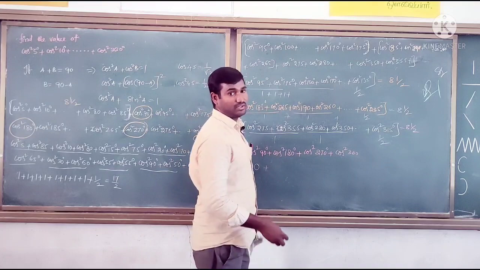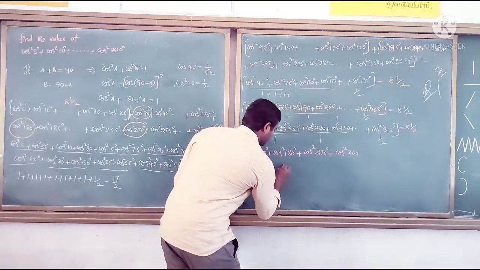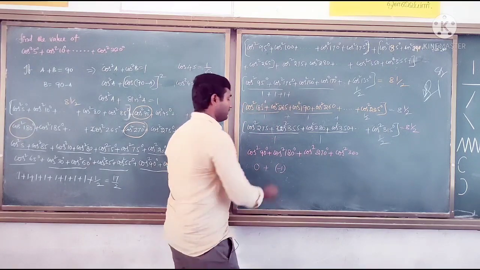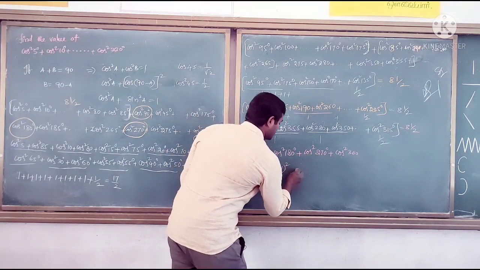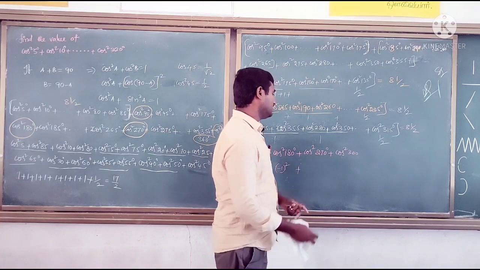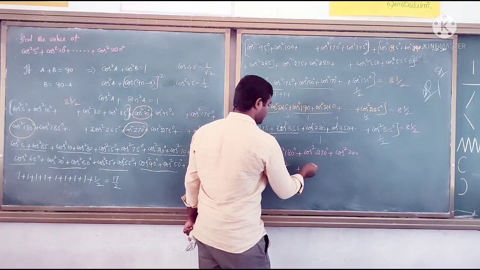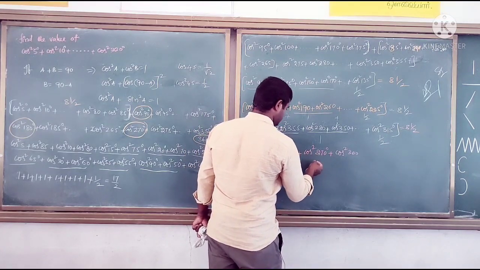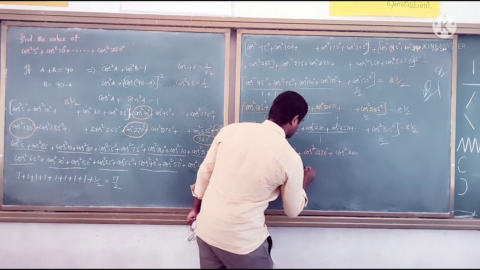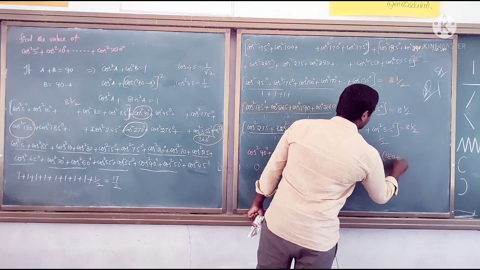Next, cos square 180. Cos 180 we know is minus 1. Minus 1 whole square is plus 1. Next, cos square 270: this is equal to 0 alone. We can write cos square 270 as cos square of (180 + 90).